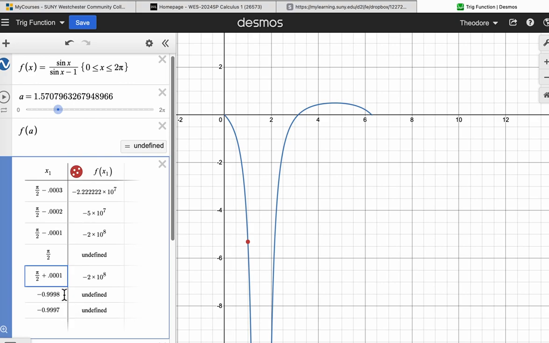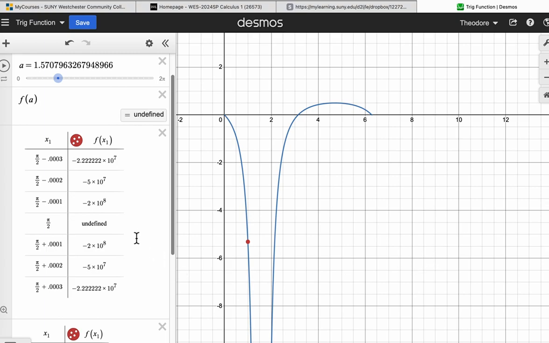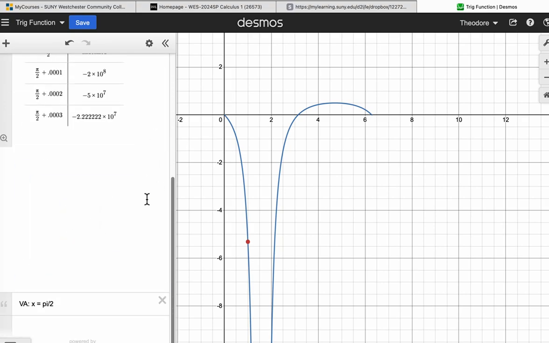We're looking at something that approximates negative infinity. And then you can just go a little copy paste crazy here, and you should be able to at least get a reasonable table. All right, so it looks like it's approaching negative infinity from the left, from the right, so that justifies the vertical asymptote. And again, I don't need a second table.